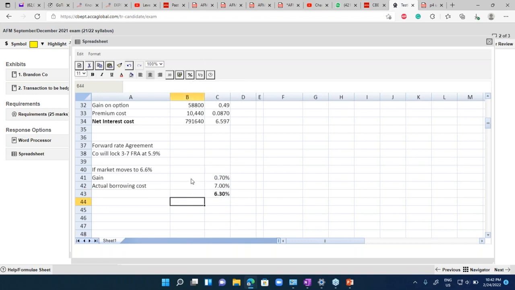And if you want to convert it from percentage into the actual amount, you can convert it. 36 million into 0.7% into 4/12.